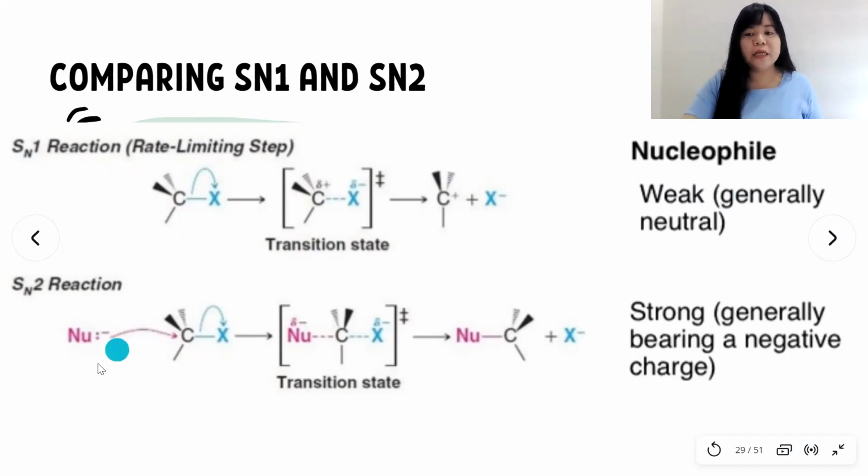On the other hand, you would need a stronger nucleophile for the SN2 reaction because it would take an active part in pushing away the leaving group. So again, a weak nucleophile would favor an SN1 reaction, while a strong nucleophile favors an SN2 reaction, where it plays a much more vital role in pushing the reaction forward.